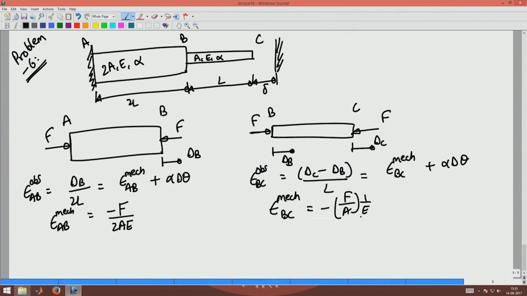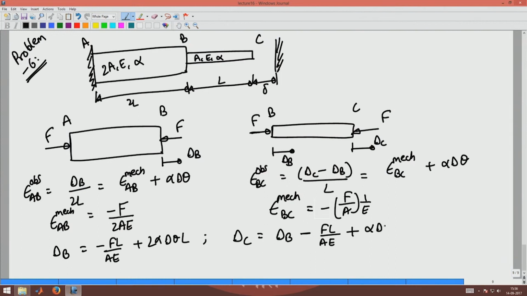Okay. Now, substituting this back in there, I get delta B to be minus F by AE into L plus 2L alpha delta theta, and I get delta C to be delta B plus F L by AE minus FL by AE plus alpha delta theta into L. Okay.